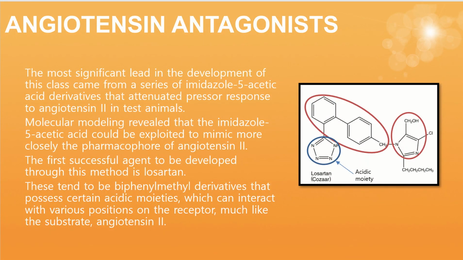These tend to be biphenyl methyl derivatives that possess certain acidic moieties, and we have the blue circle there containing the acidic moiety, which can interact with various positions on the receptor, much like the substrate angiotensin 2, right?